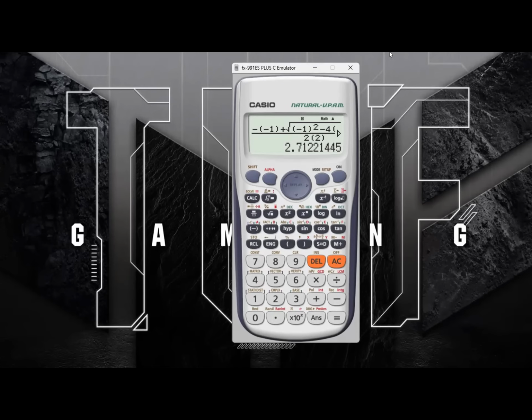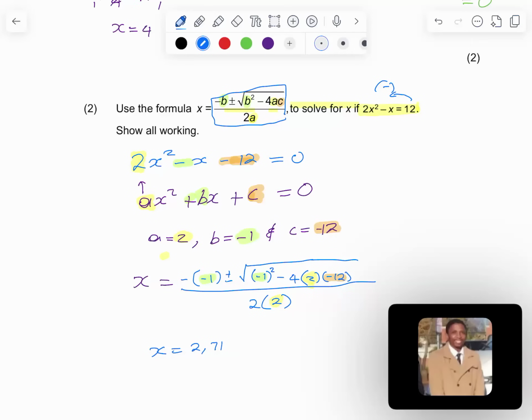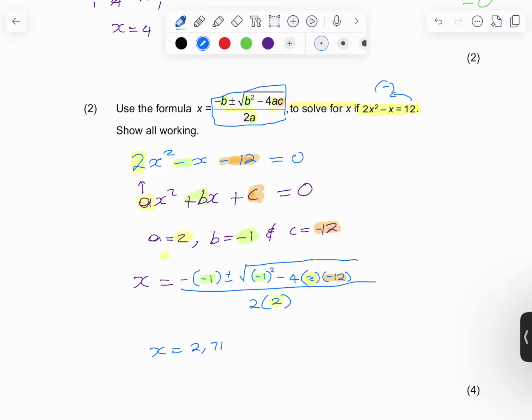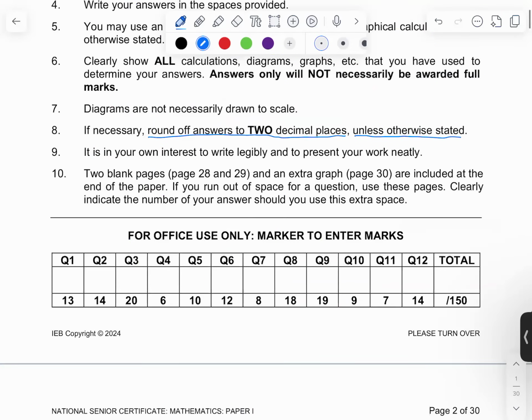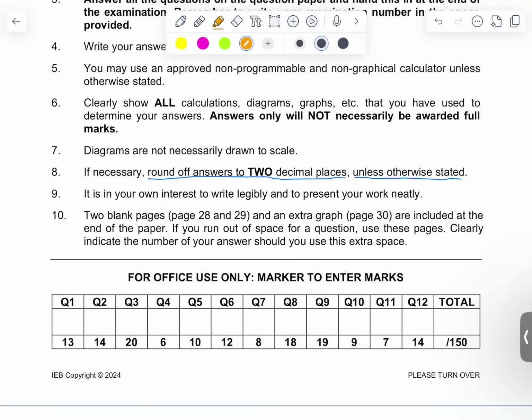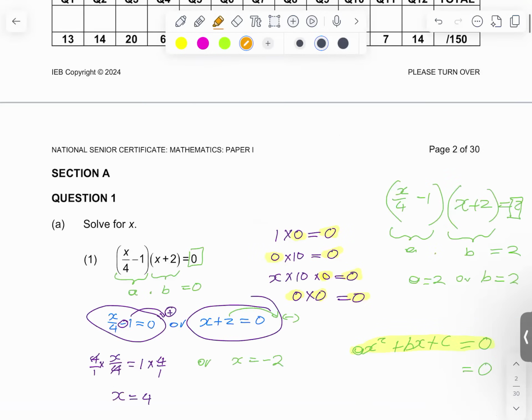Just to show you what I'm talking about, that was specified over there. And that's why I wrote it as 2,71.